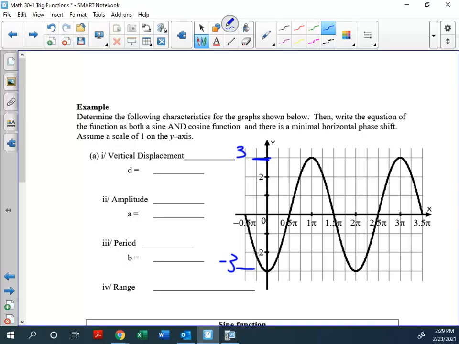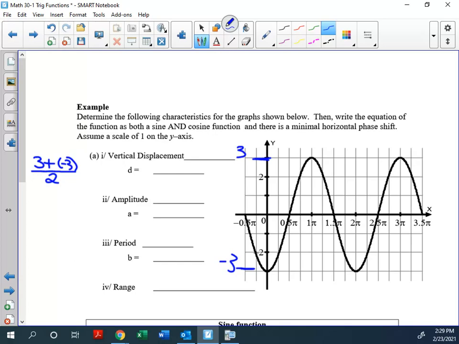So if I want to find the vertical displacement, if these weren't nice numbers, I would say, you know what? I want to add together my maximum and minimum and find the average between them. I want the center, I want the average, I want the middle. Now this one you're like, I can see what it is. I know, but what happens when you can't? What happens when it's not pretty for you?